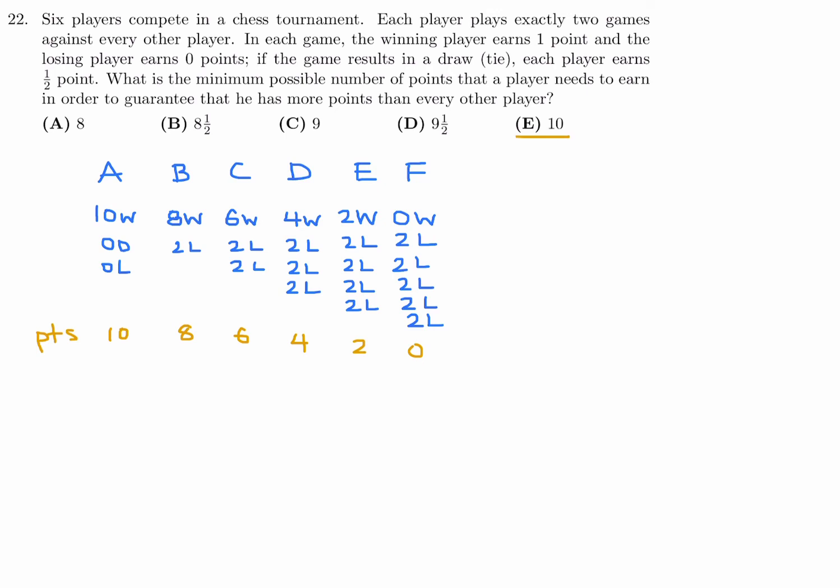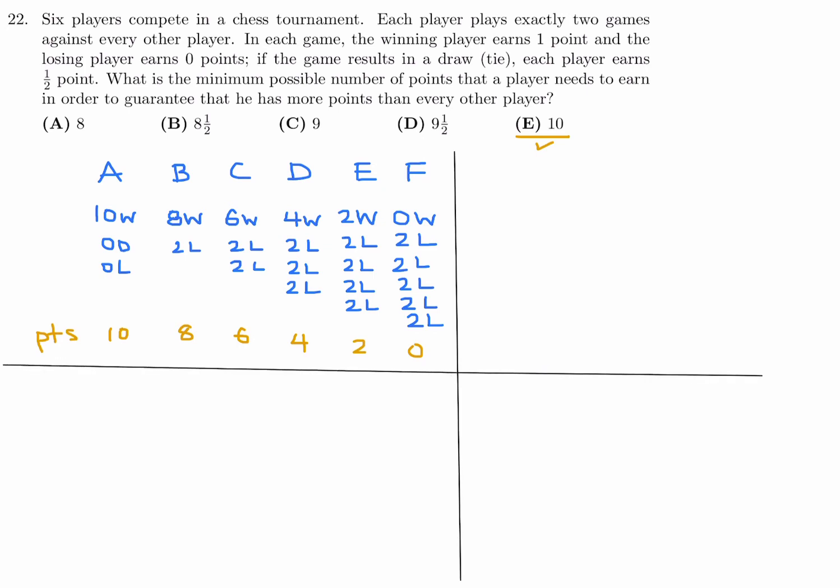So this is fine. But we want to see if any of these can also guarantee. All right, no problem. Let's keep that in the screen and let's do the exact same scenario. This time for 9.5. And let's see what we get.